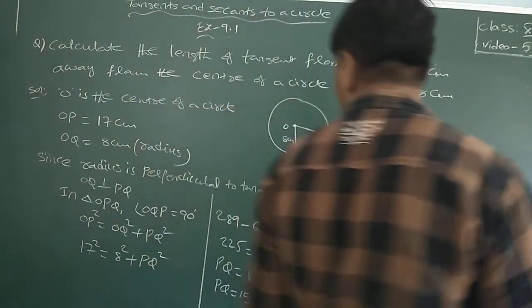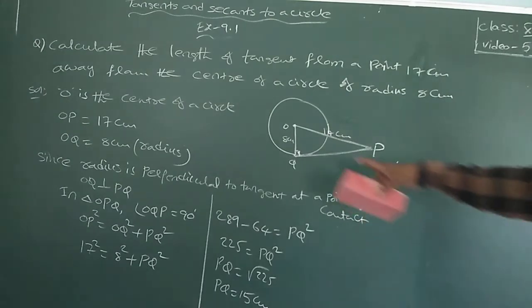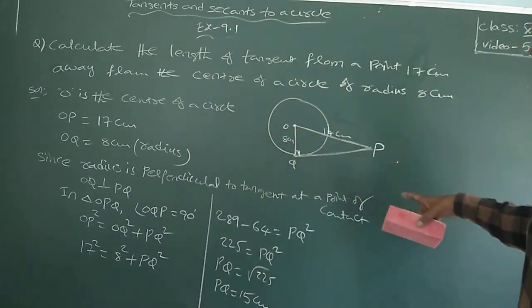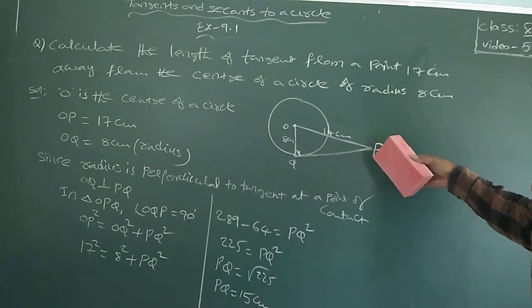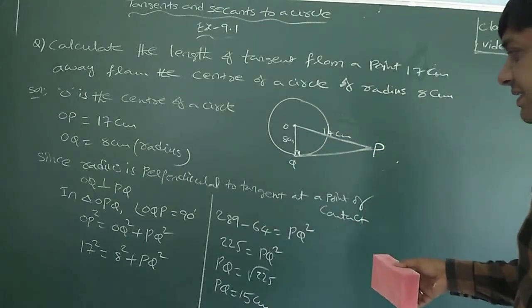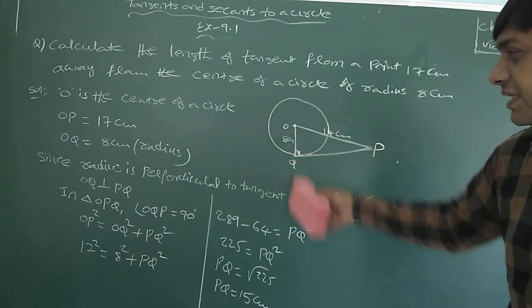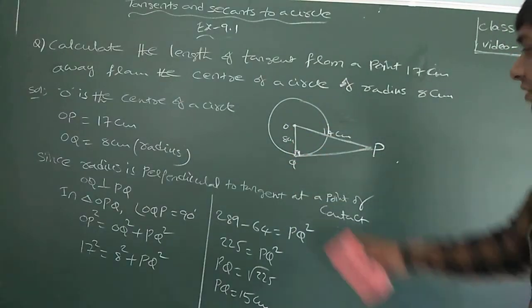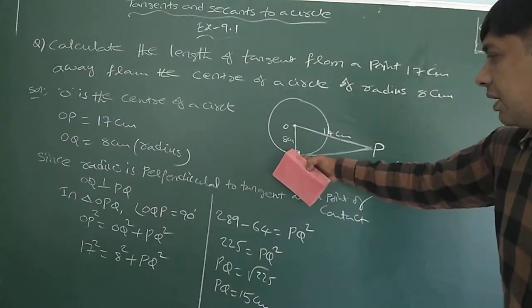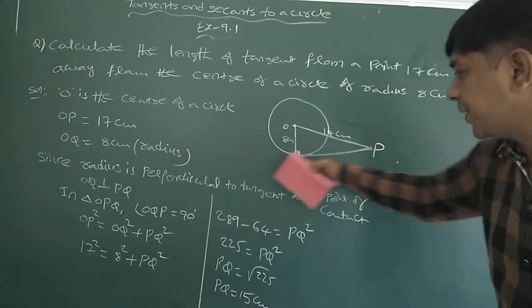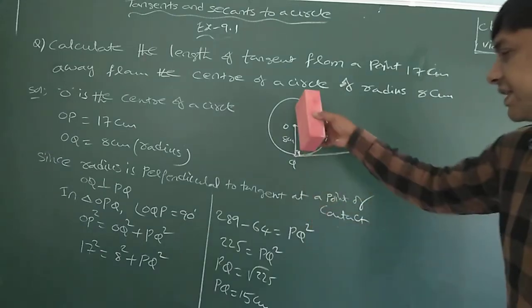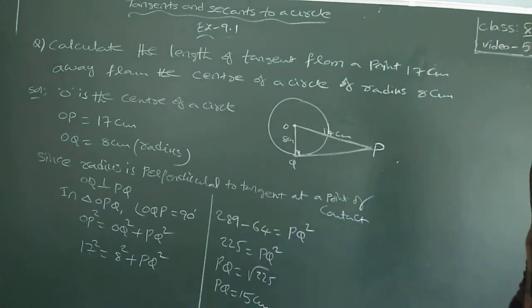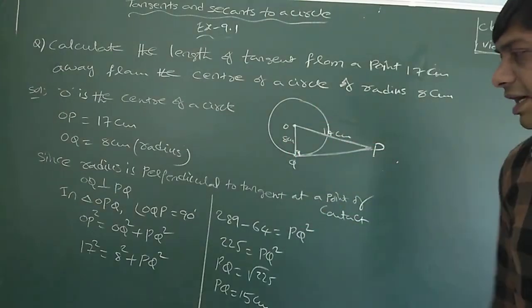Write down. O is the center of the circle. OP is the distance from the center to the point outside of the circle, 17 centimeters. OQ is the radius of the circle. From Q, I drew a tangent. PQ is a tangent at the point of contact Q. Since the radius is perpendicular to the tangent at the point of contact, here I got a right angle triangle.